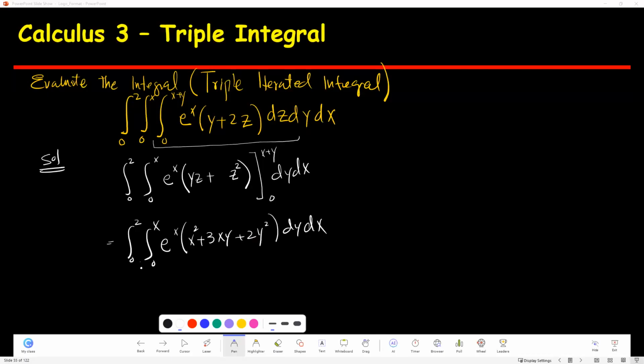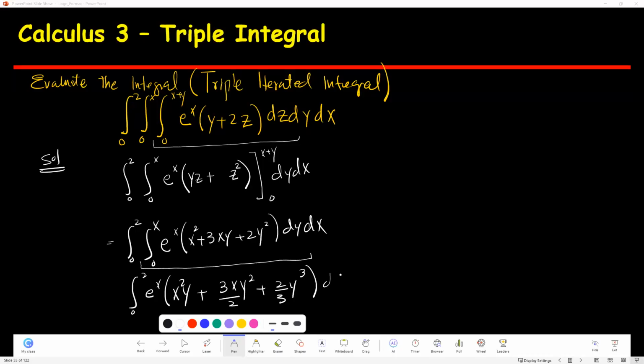I'm going to take the integral for this part now. And it's going to be 3x y squared over 2 plus 2 over 3 y cubed dx, and the limit is x and 0.